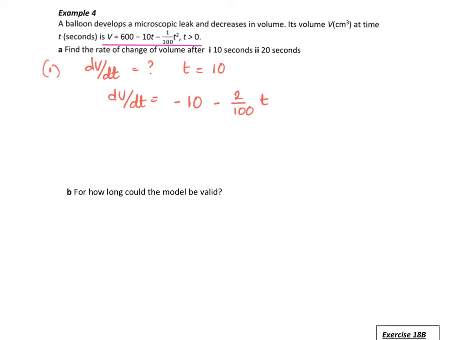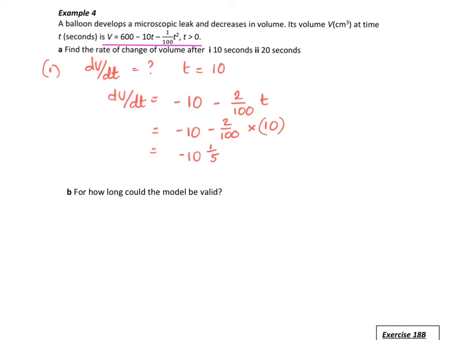We should be able to differentiate them fairly easily now. We want it when t is equal to 10, so let's substitute in t equal to 10, and we get minus 10 minus 2 on 100 times 10, and that simplifies down to minus 10 and 1/5.